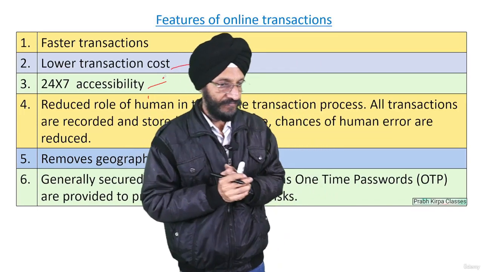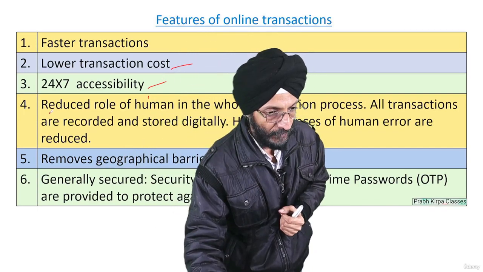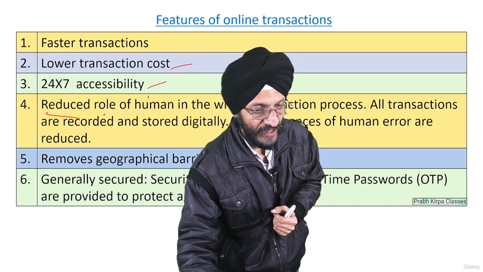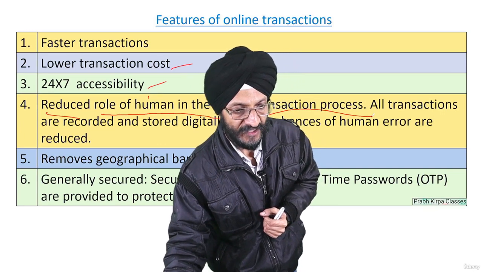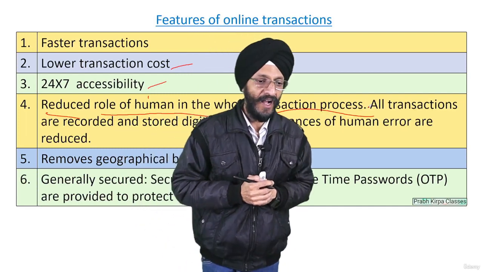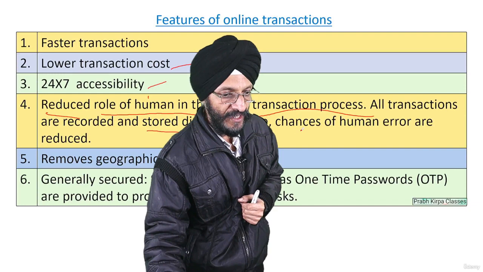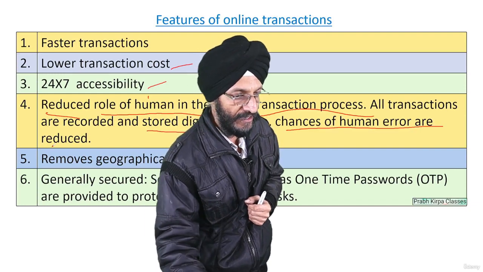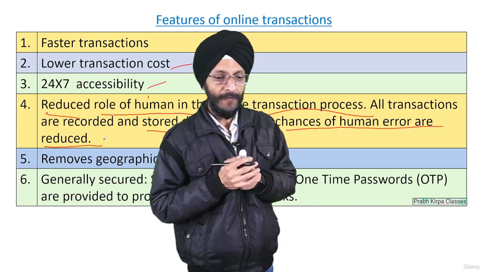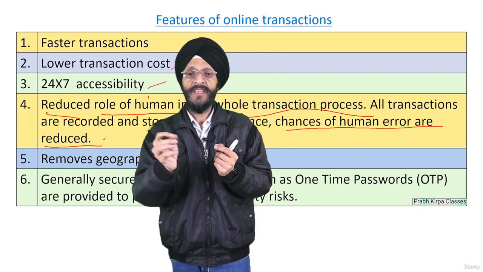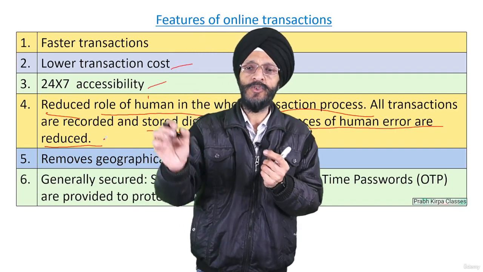Next feature of online transaction is reduced role of human in the whole transaction process. All the transactions are recorded and stored digitally, hence the chances of human error are reduced. Suppose you give 1000 currency notes to a person.